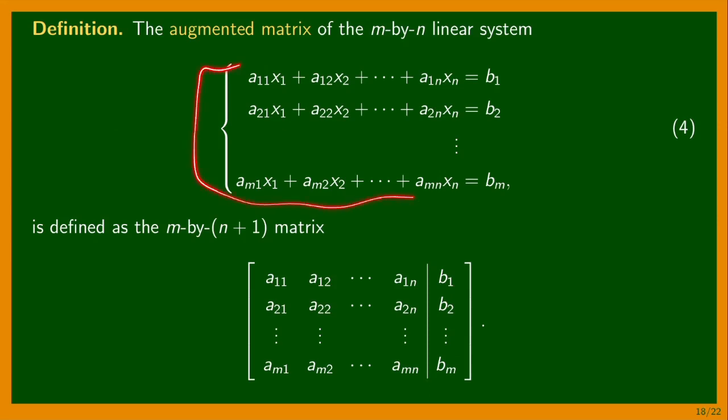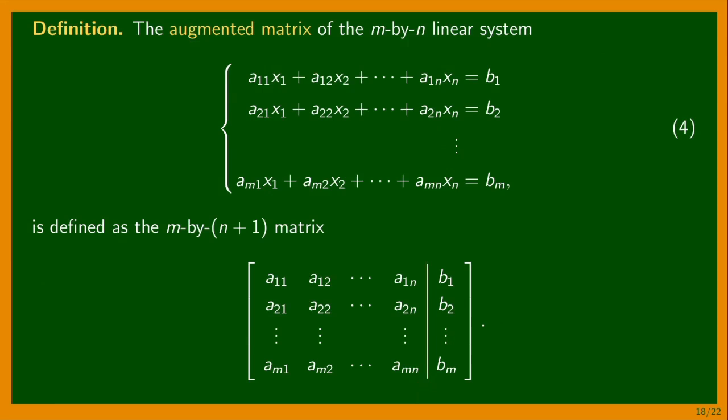Instead of writing the linear system this way, we intend to write the system in this way by simply ignoring the unknowns, no? In a way, these entries have an address, so you know which equation they belong to and which unknown they are attached to. The scalars on the right, the right hand side of the equation, we put in the last column. And then we put an imaginary line here. The matrix doesn't really have a line, but so we can see the right hand side, we draw a line there.